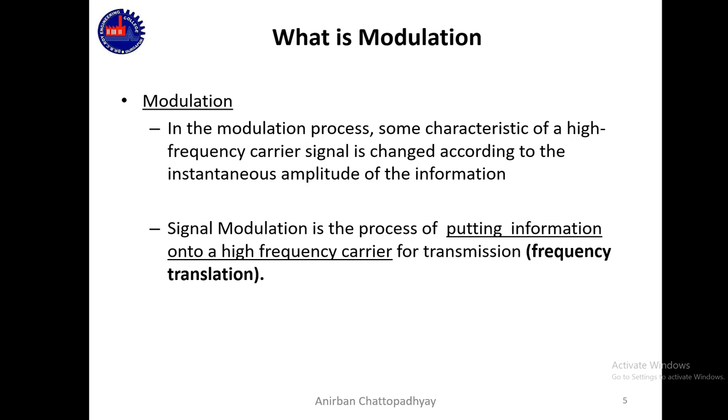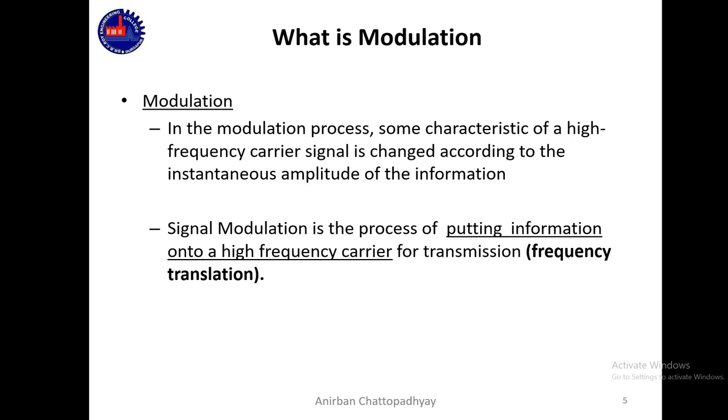The message signal is always a low frequency signal. Here we assume an audio signal. What is our audible range? We all know it is 20 Hz to 20 kilohertz. Let's assume that our message signal is 10 kilohertz frequency. So it is a very low frequency signal.